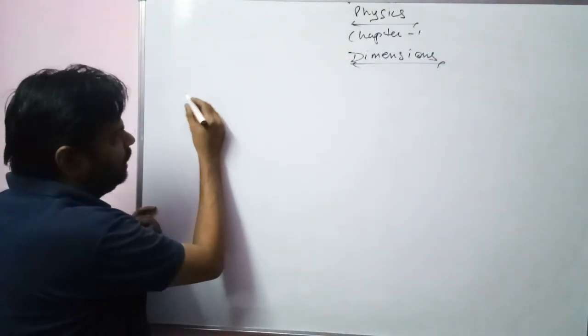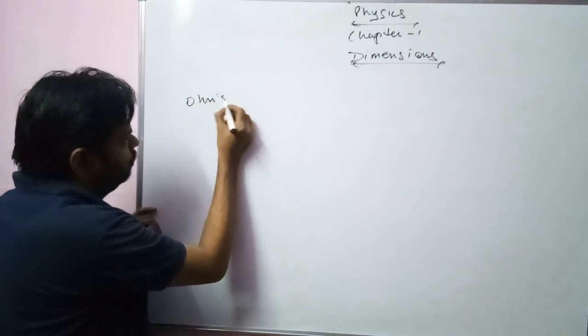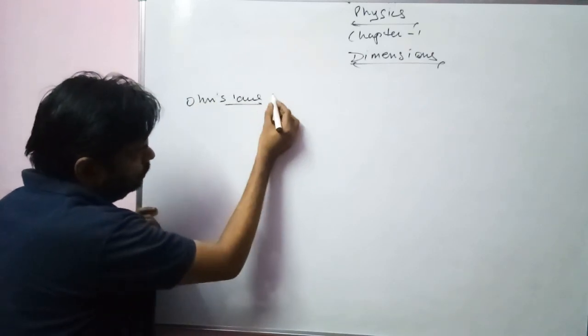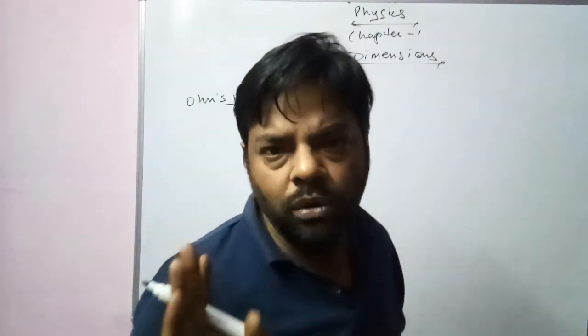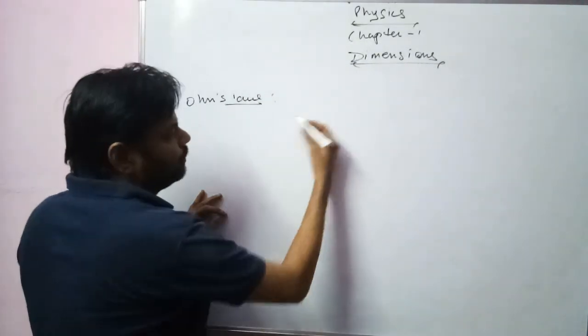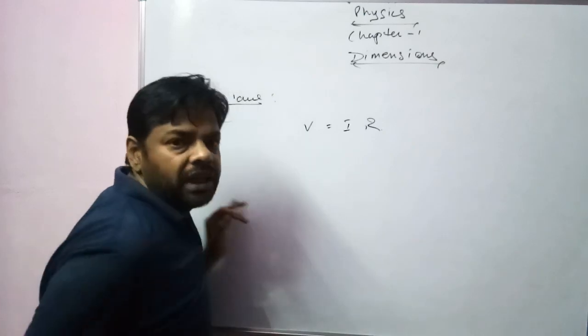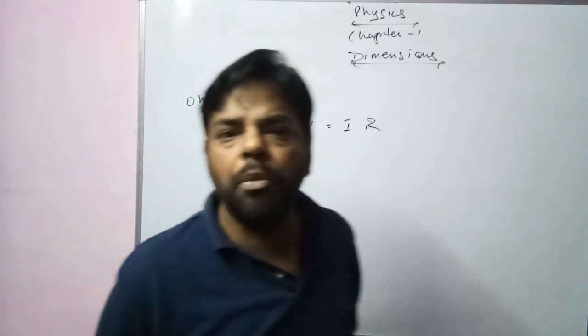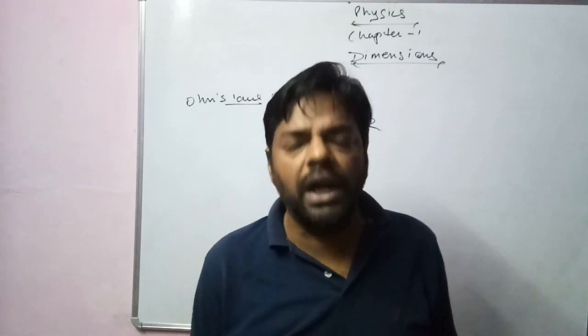Students, we are familiar with Ohm's law. You had studied Ohm's law in class 10th, and according to Ohm's law, the potential difference applied across any conductor is directly proportional to the current flowing through the conductor.